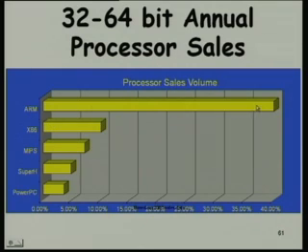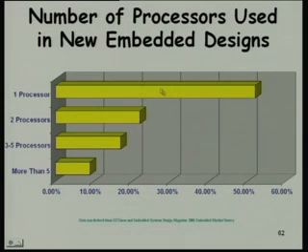Now, let us see, as far as the sales volume is concerned, the ARM processor has the maximum market share, as we are saying that many of these mobile phones are actually based on ARM processors. But what about the number of processors used? We have majority one processor systems, but we do have 2 processor, 3 to 5 processor and more than 5 processor systems.